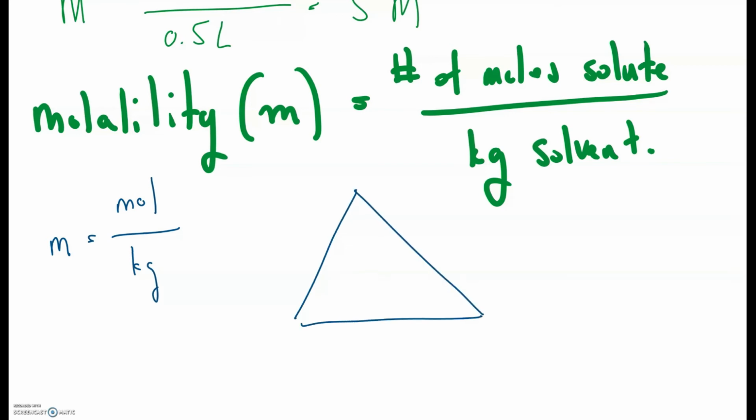And what we're going to say is, okay, we know molality is equal to moles over kilograms, and we know that one. It also means that if we are trying to find how many kilograms of solvent we have, it's equal to moles over molality.